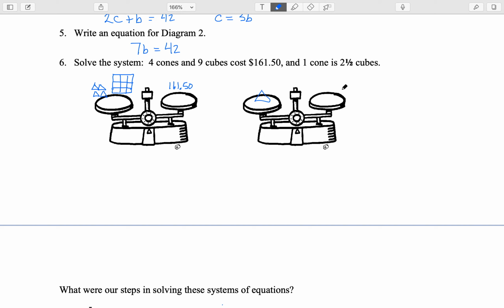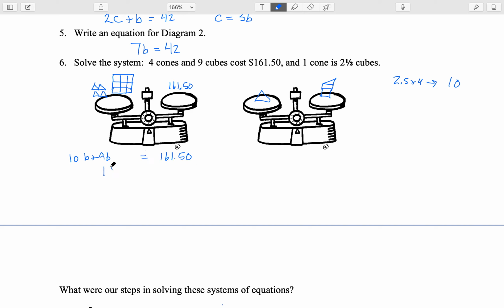So 1 cone is 1 cube, 2 cubes, and then half a cube, 2.5 cubes. If I know that 1 cone is 2.5 cubes, I can replace 1, 2, 3, 4 of them: 2.5, 2.5, 2.5, 2.5. So 2.5 times 4 gives me 10. So 10 blocks plus 9 blocks is equal to 161.50.